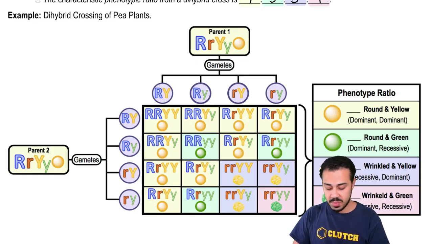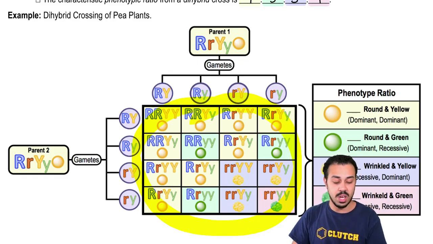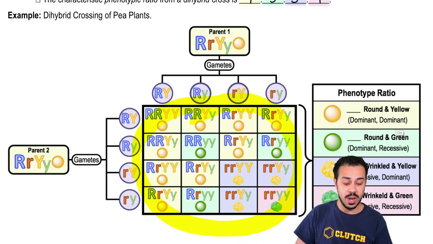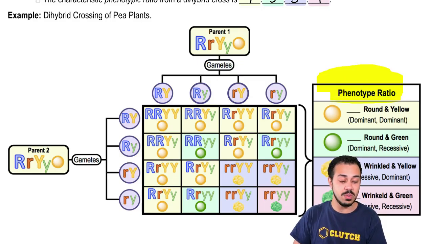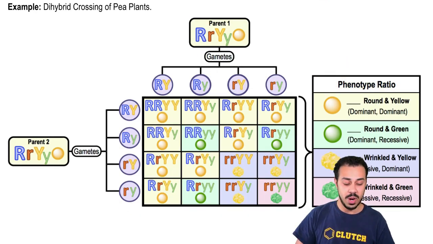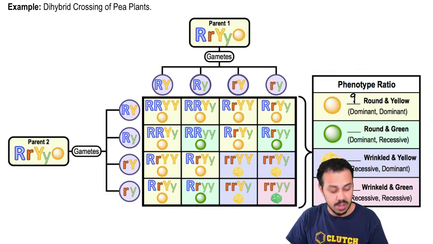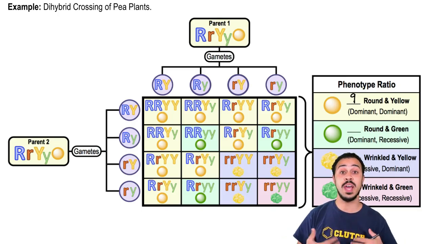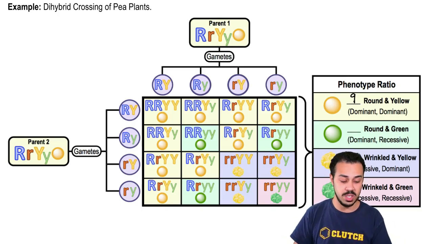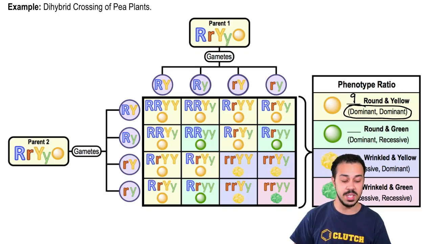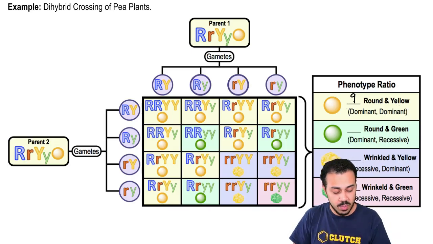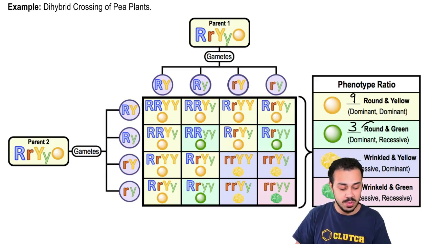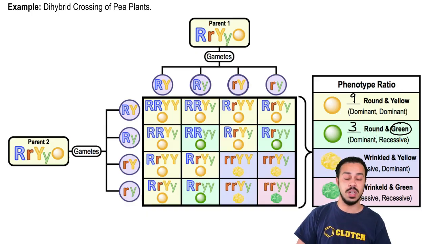Ultimately, when we take a look at the results of this dihybrid cross Punnett square, what you'll see is a very characteristic phenotypic ratio, where there are 9 possibilities that have the dominant trait for both genes. So 9 round and yellow phenotypes, so 9 dominant phenotypes. Then we have 3 dominant recessive phenotypes, so 3 round green phenotypes.